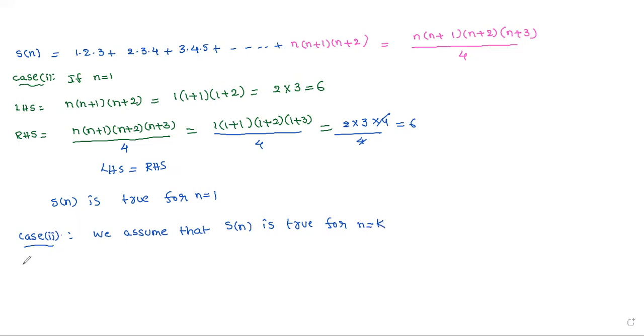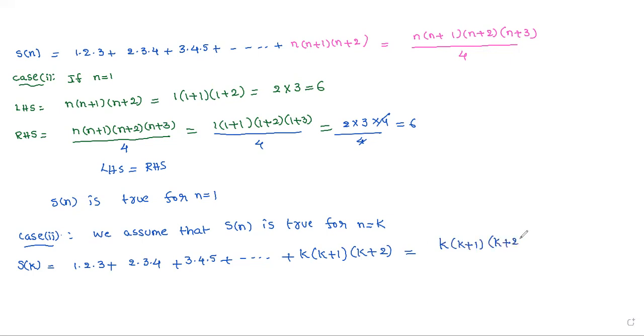Substituting, S of k is equal to 1 into 2 into 3, 2 into 3 into 4, 3 into 4 into 5, plus and so on, plus k into k plus 1, k plus 2 is equal to k into k plus 1, k plus 2, k plus 3 by 4.